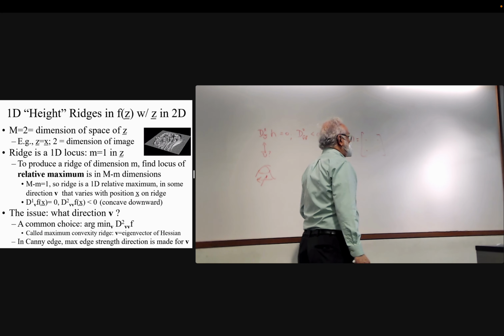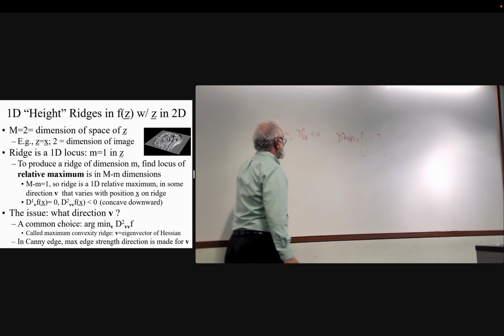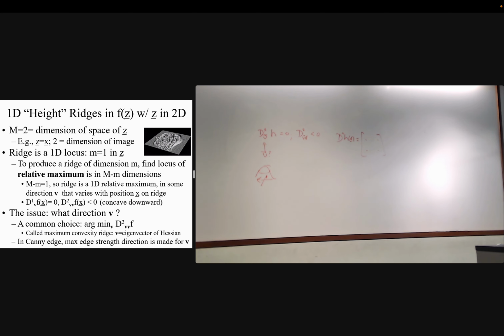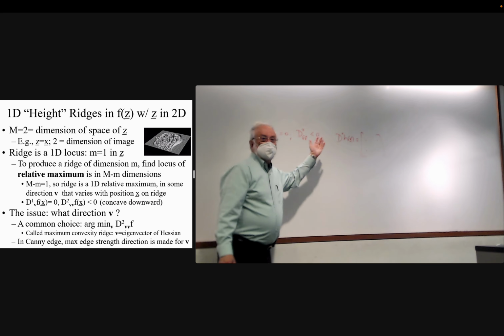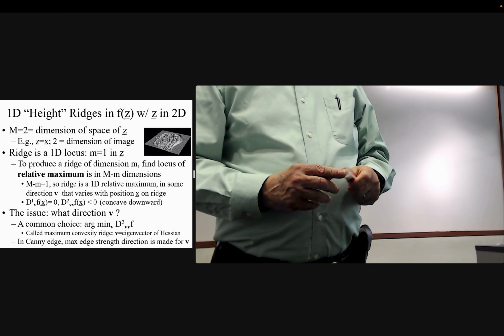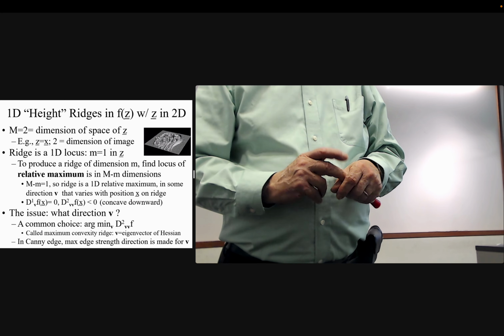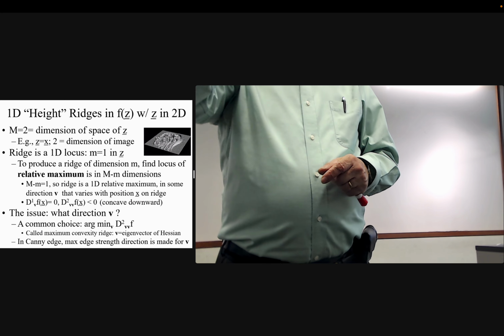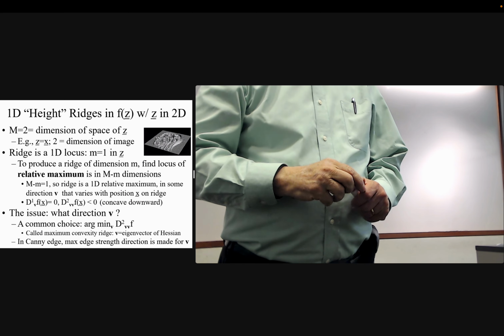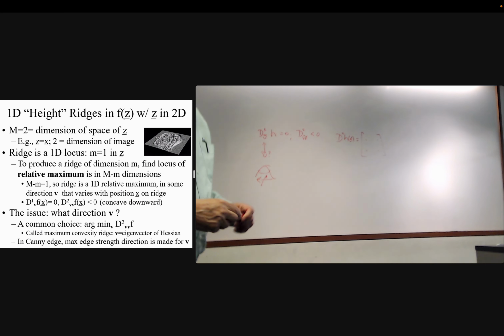And if one of them is negative, we will then compute the first derivative in that eigenvector direction. And if it's 0, then we are at a ridge point, and if it's not 0, we're not at a ridge point. Strictly speaking, because we're in pixels, there may be a pixel with a very small positive value, the next door pixel a small negative value, and the ridge goes between them at the 0 crossing between those two places.